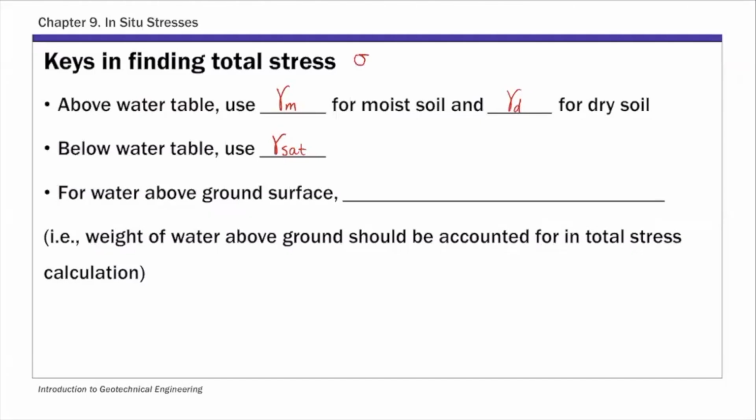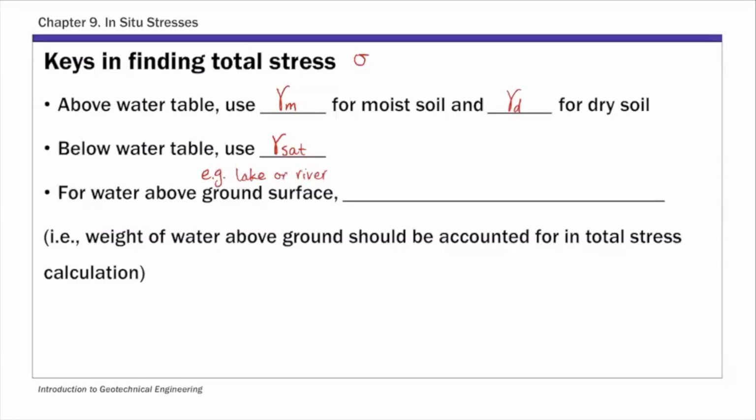And then there's a special case where you have water above the ground surface. Okay, so this is a case, say, if you have a lake or a river, and you want to estimate the stress. For both cases, you have water above the ground surface, basically.